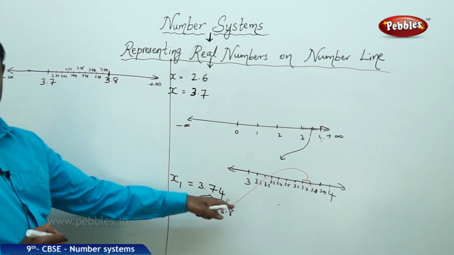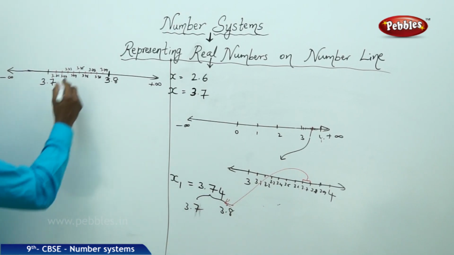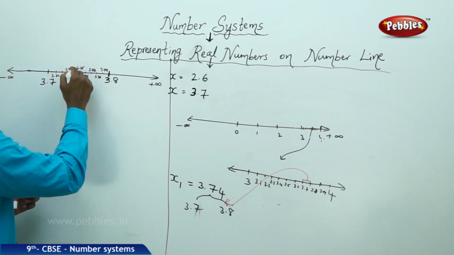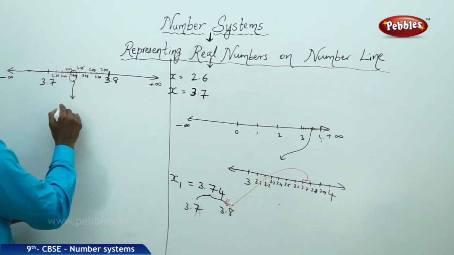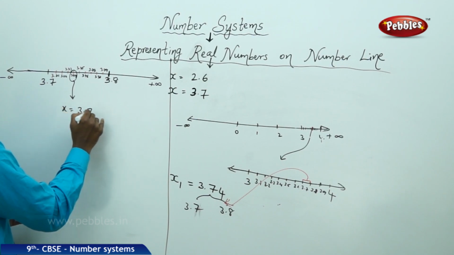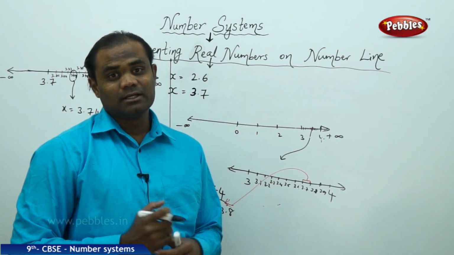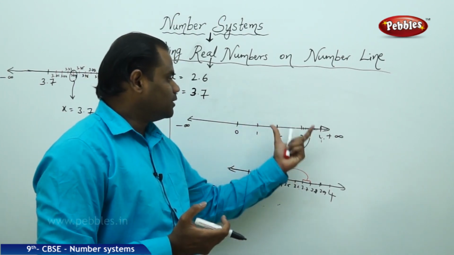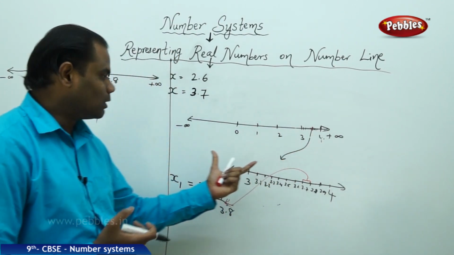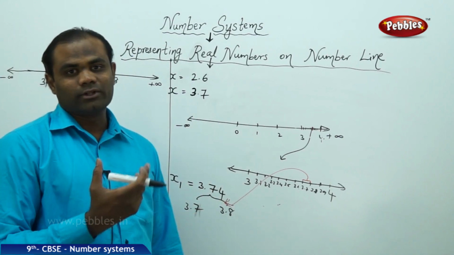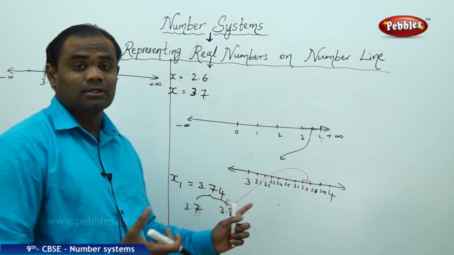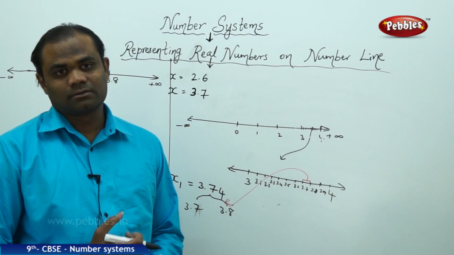So my 3.74 can clearly be identified to be out here, which is 3.74. Is how we understand the subdividing of intervals through which we can zoom in and zoom out the real number line accordingly as the number of decimals increase or decrease.